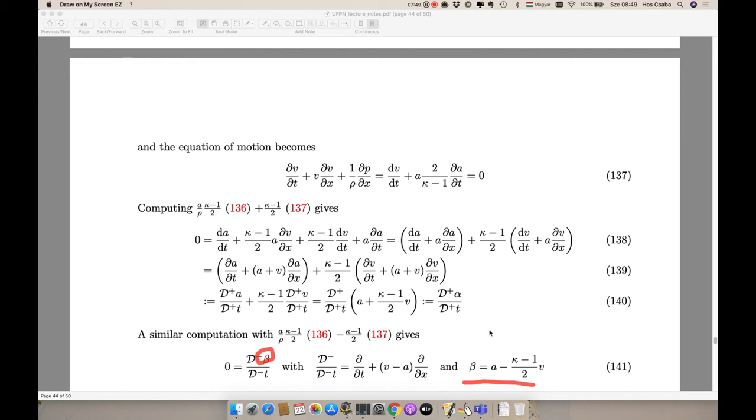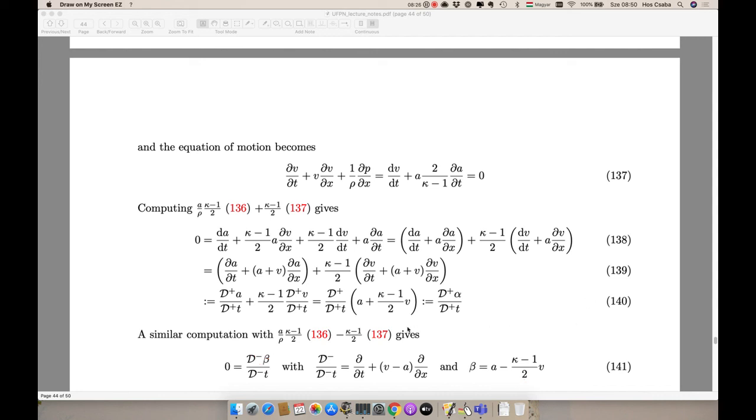This is the same variable that was V minus 2C in the case of open surface flow, or P minus rho A V for slightly compressible flows.